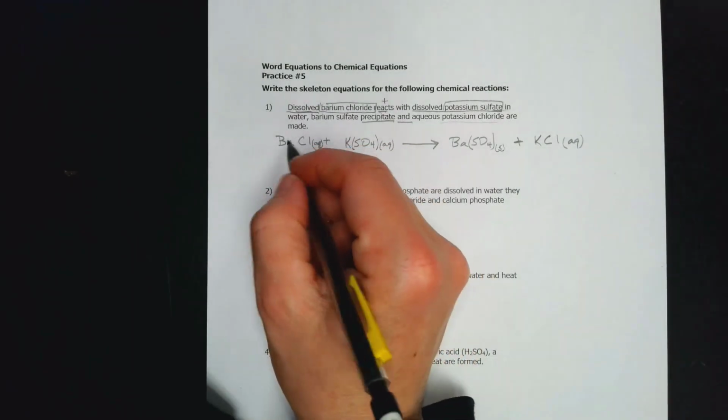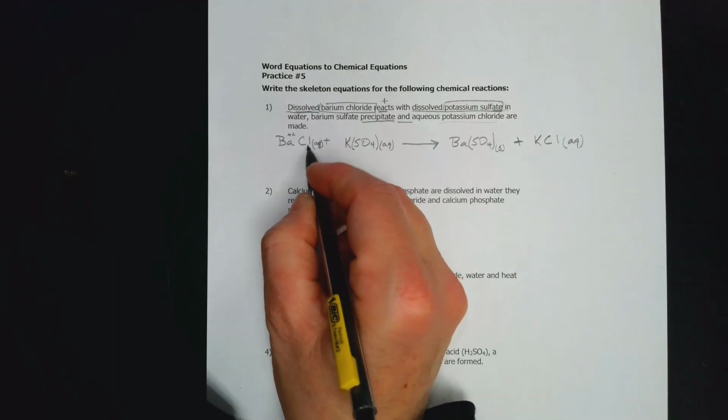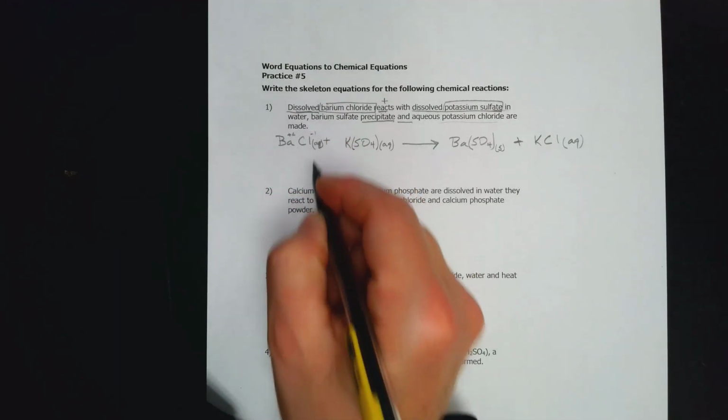charge of 0. Right now, barium has a charge of +2, and chlorine has a charge of -1 because it's a halogen.